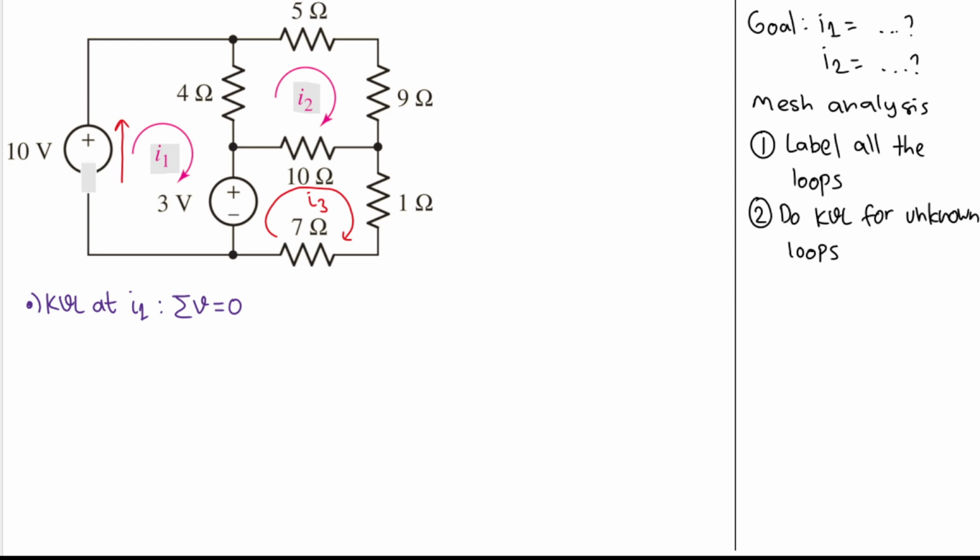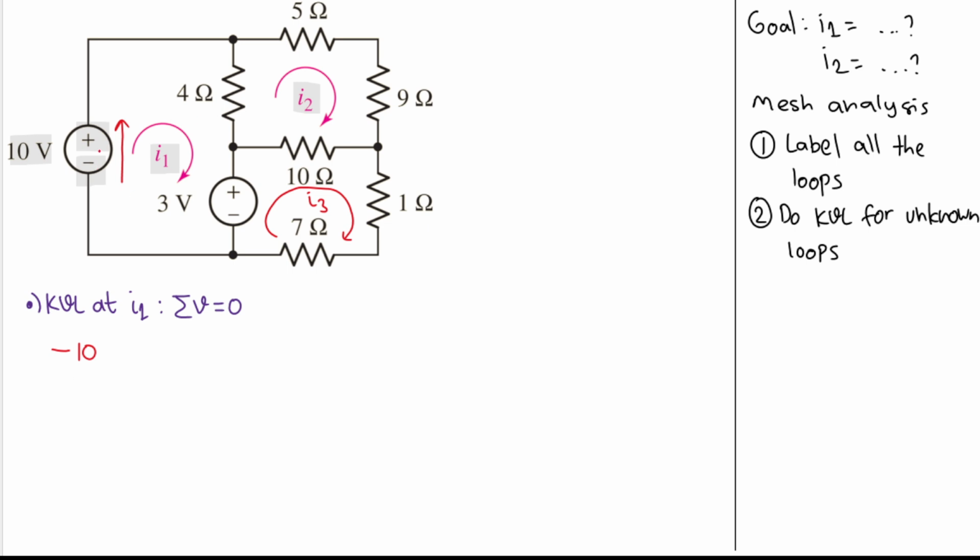The current enters the voltage source at the negative terminal because it flows from the negative terminal to the positive terminal. From the negative terminal, that will be a negative sign here. And we already have the voltage here, which is 10 volts. So we will have minus 10 here. Good. And I think this is for I1.